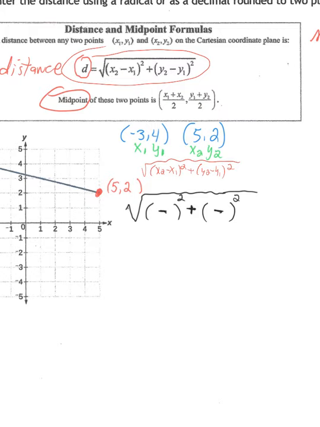So I'm going to have 5 minus -3. We're going to clean that up, but don't do it yet. And 2 minus 4. So you want to substitute first. Now let's simplify that. Watch that double negative. That's going to turn out to be a positive 8 squared plus -2 squared.